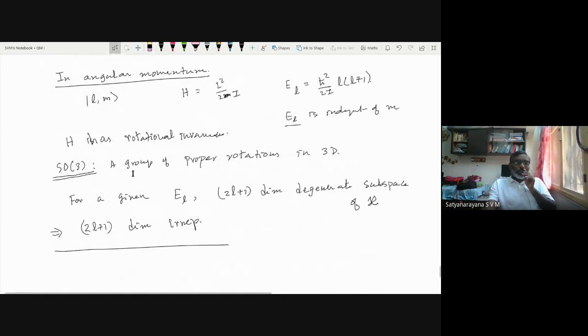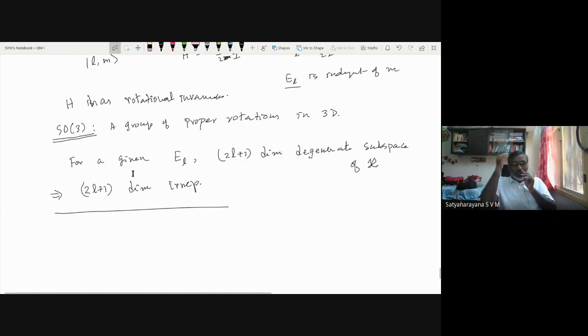I'm just trying to make this connection so that you appreciate the link between symmetry, group representations and the Clebsch-Gordan problem.